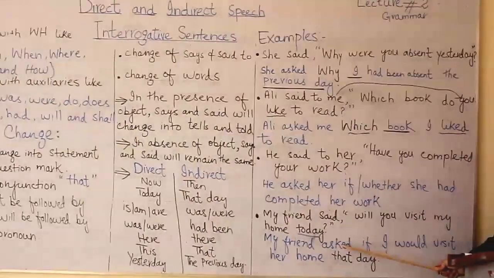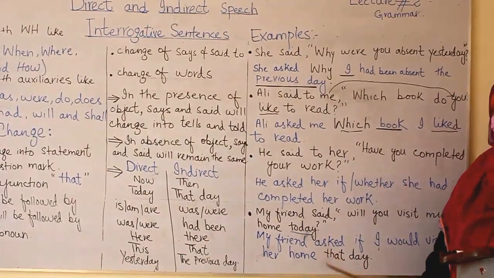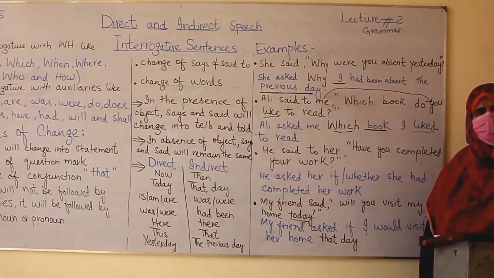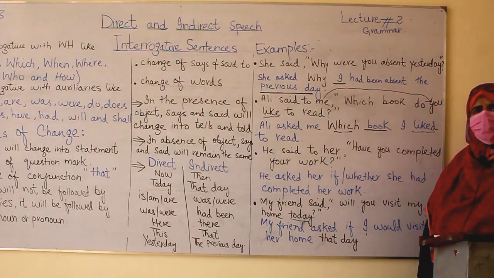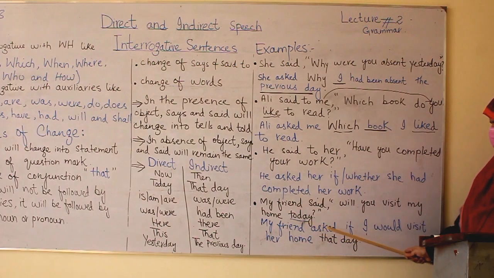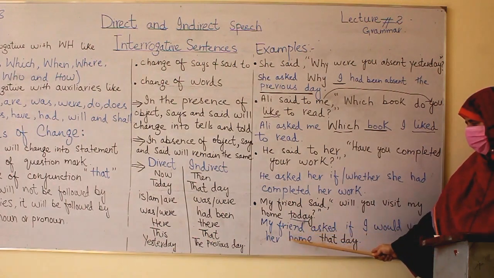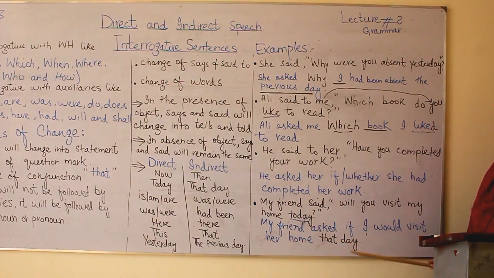My friend asked. As I told you earlier, whenever we are having an interrogative, either with WH or with auxiliaries, it will change into asked. My friend asked if, I have used again if, I would visit her home that day.